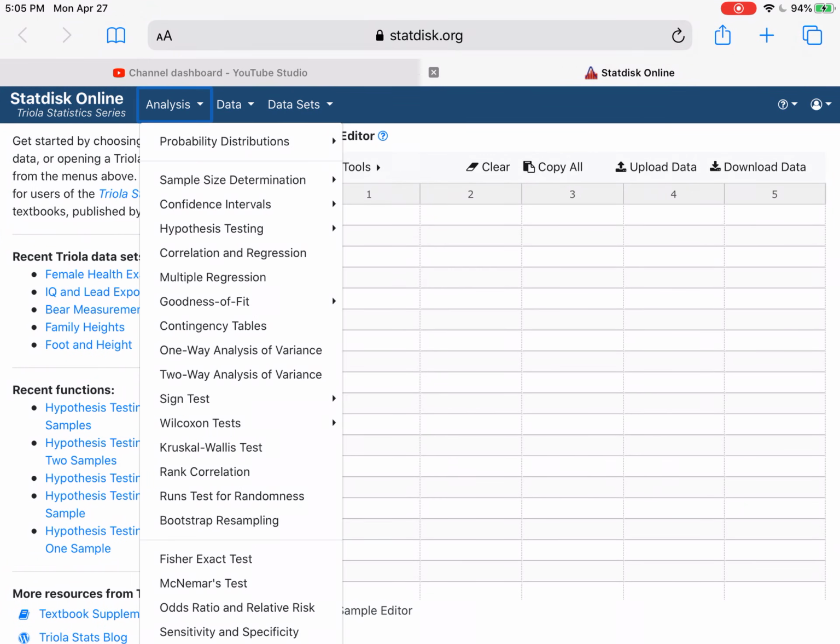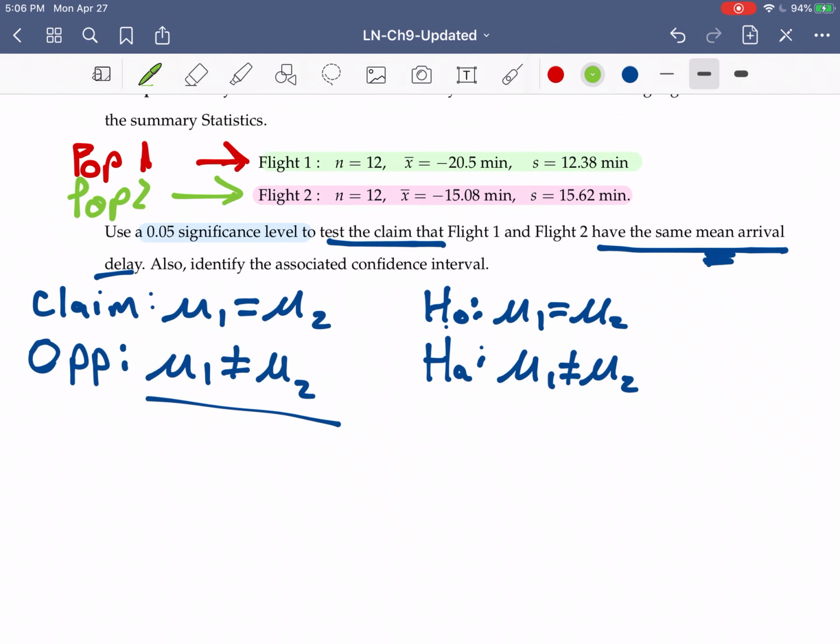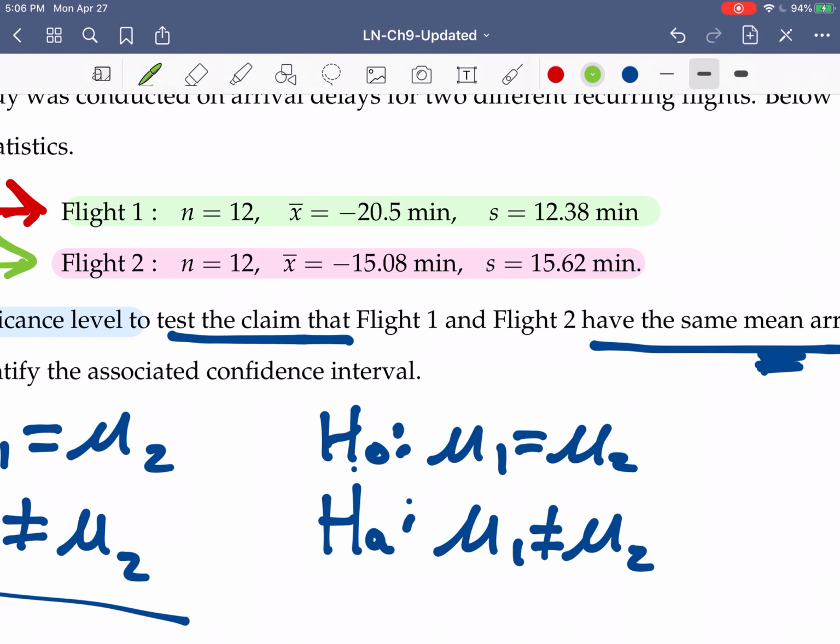Our first sample size was 12. Our first sample mean and first sample standard deviation were negative 20.5 and 12.38.